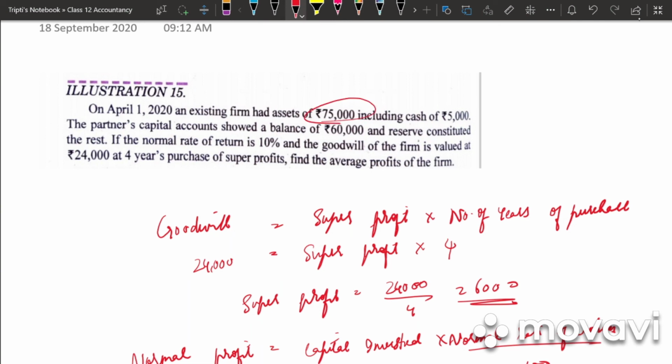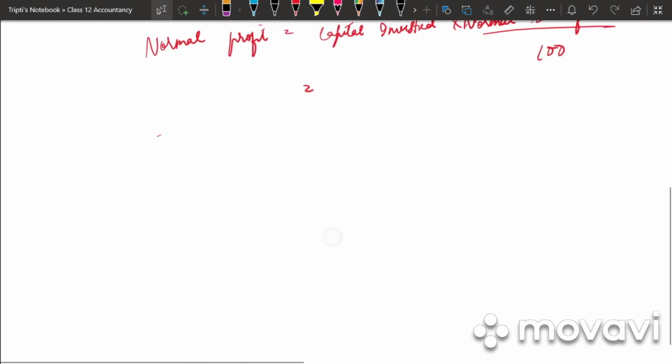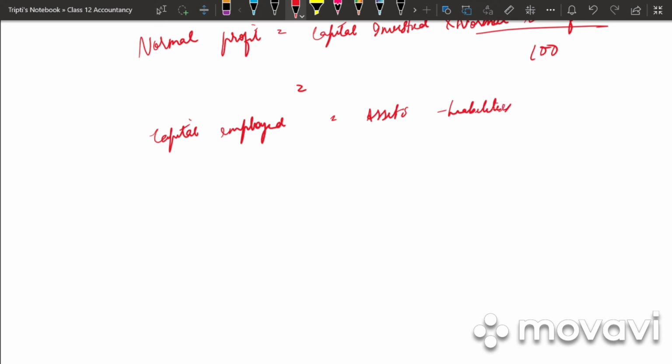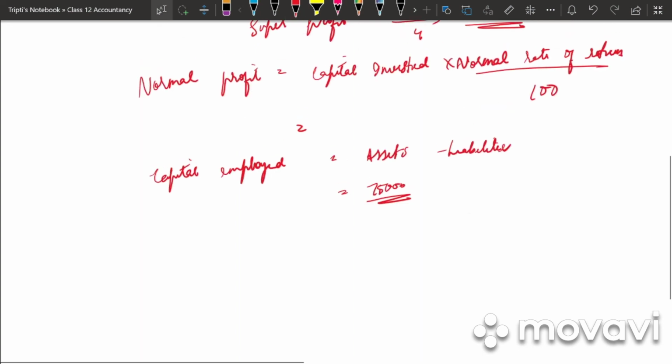No. They have given us the value of assets, but they have not given us the value of liability. So there is a formula for capital employed, that is assets minus liabilities. So in this sum there are no liabilities, only assets are 75,000. So our capital invested is 75,000. What is the normal rate of return? 10 by 100. So our normal profit is 7,500.